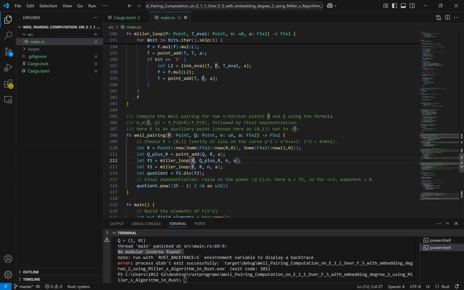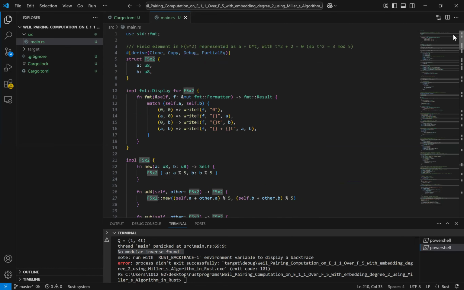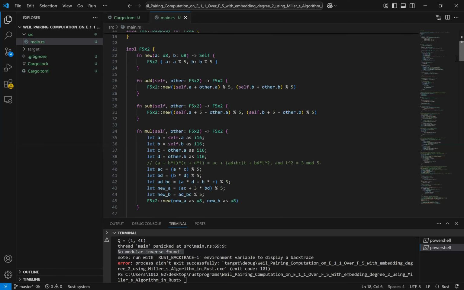So you can see we have the quotient here. We have: let R be a point from the field. We began by defining the field above. The rest of the code is just the same as what we've been looking at previously.